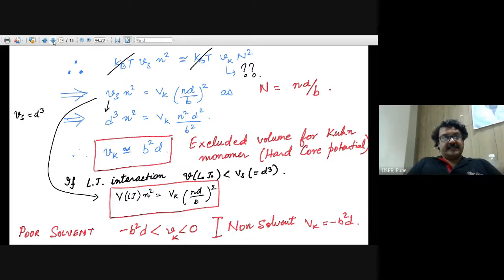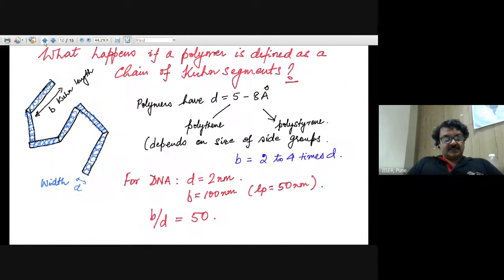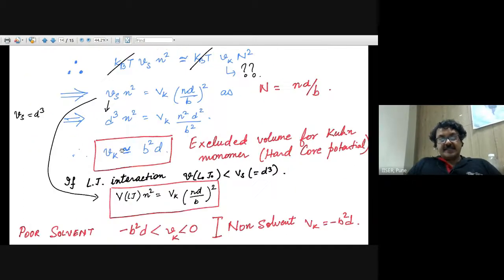If you had taken just the volume of all the monomers, this would be more like d square b, which would be basically the volume of this cylinder. So pi r square into length, that would have been pi d square b. But instead, what you are getting is that the excluded volume for the Kuhn segment is b square into d, which is significantly higher.